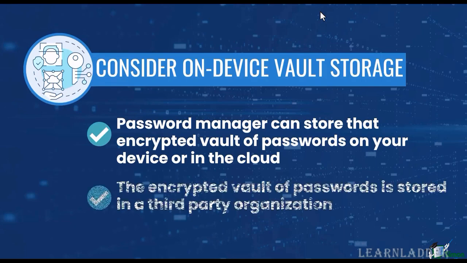However, your encrypted password vault is stored with a third-party organization. If they're breached and someone can guess your vault password, they can have access to all your passwords. In contrast, on a password manager that offers storage of your passwords on your device, you can only use the passwords on the device where they're stored, but they're not up in the cloud where someone might be able to gain access to them.